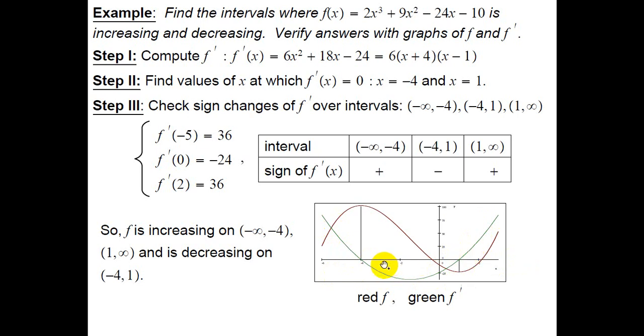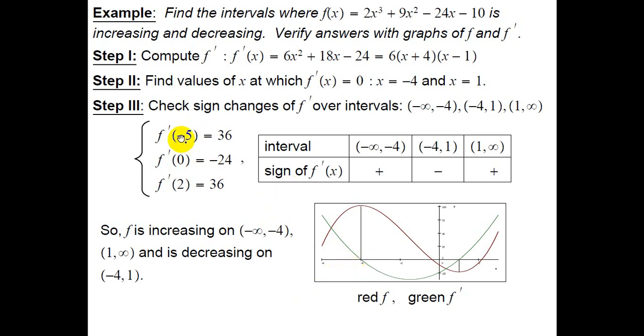Now we'll see what is happening to this function from minus infinity to minus 4. We need to take any value between minus infinity and minus 4. Let us take minus 5.